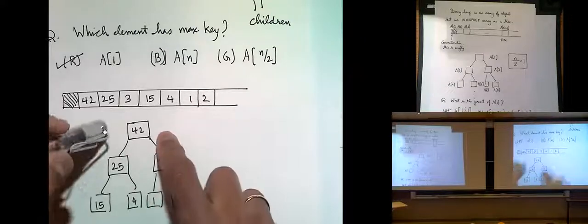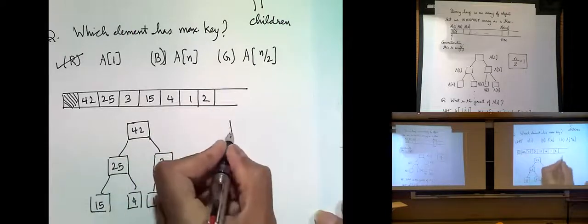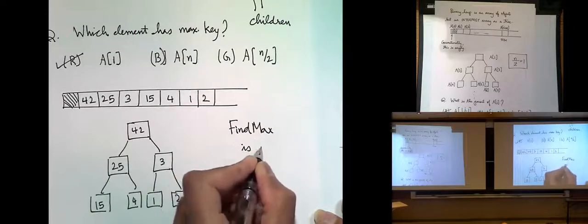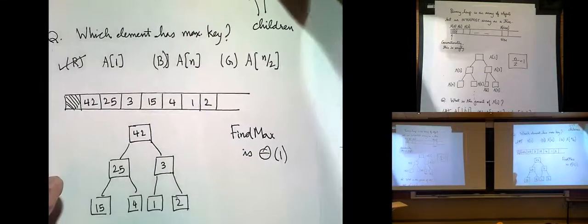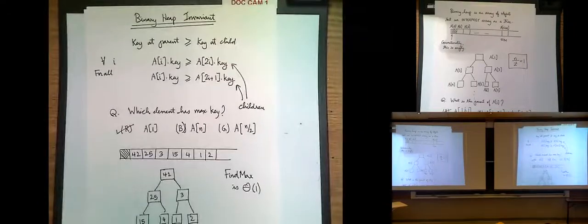But what is easy is that the max is always at the root. So find max is theta(1). Just look at the root. Find, not extract. Extract is going to be harder. Does this make sense?